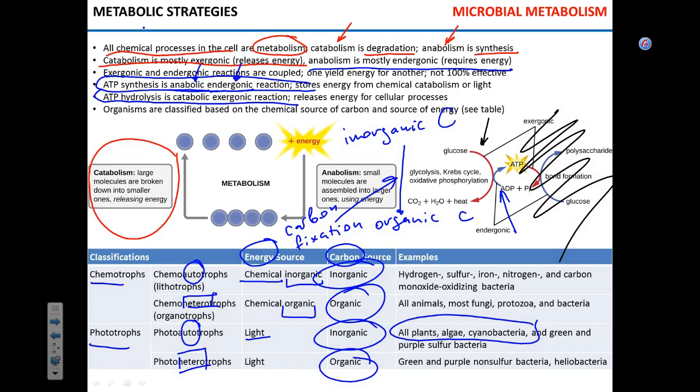Does that make sense to you? So when we combine the terms for the energy source and the carbon source, it becomes photoautotrophs. Some microorganisms, like heliobacteria or different non-sulfur bacteria that do not produce sulfur particles, are called photoheterotrophs. Okay?